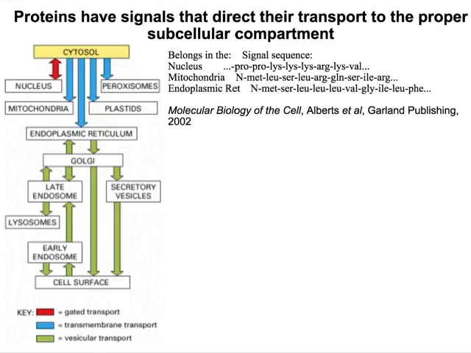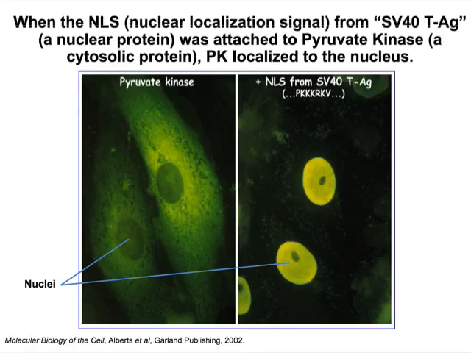We can't recognize them necessarily, but we do know that if we put a particular protein sequence while it's being synthesized, or in this particular case, after it's been synthesized, we can add this signal sequence to a protein, and that is a signal that says, take me to the nucleus. We know this is true because we can actually take that piece of protein and either have it encoded in the gene or chemically modified and added to a protein.